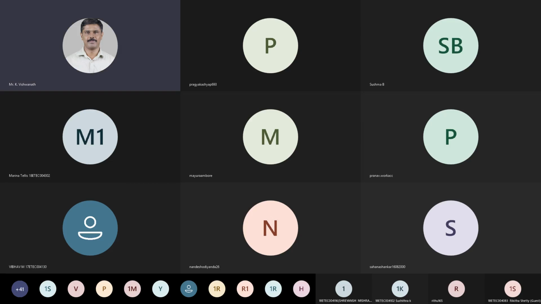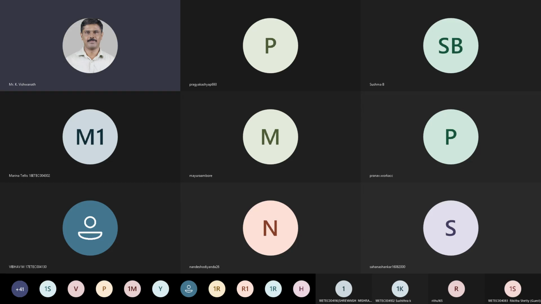So I suggest you complete the writing part of these laboratories. Unnecessarily, don't wait until you are given a last date. Every 2 days after the lab, if you finish your writing part, it will help you a lot.